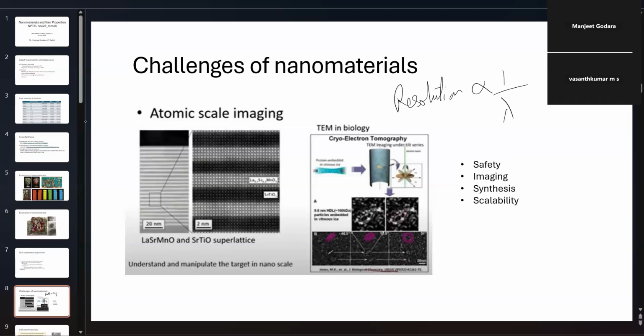A higher wavelength gives you larger resolution. I think it's proportional to wavelength. Yeah. So if you use smaller wavelength light, you can get much finer resolution.